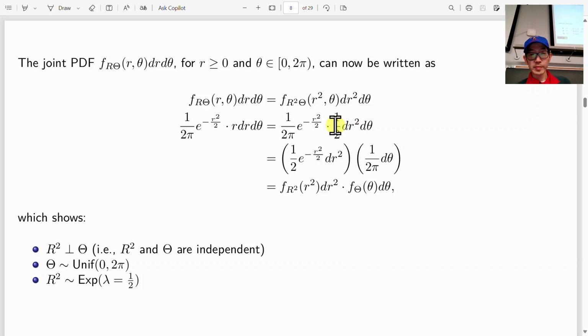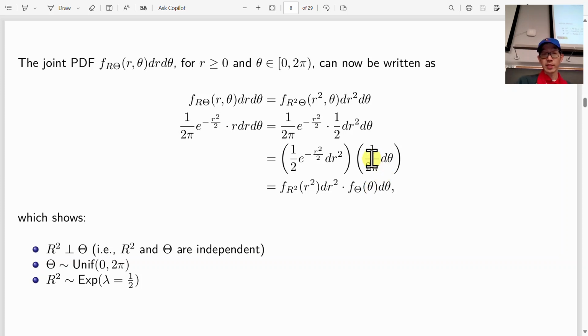Then we can do some rearranging of terms. Over here I'll have 1 over 2 pi d theta, and I'm basically just swapping the constants, from 1 over 2 pi to 1/2 here. Now I can factor this, and these are two independent PDFs.